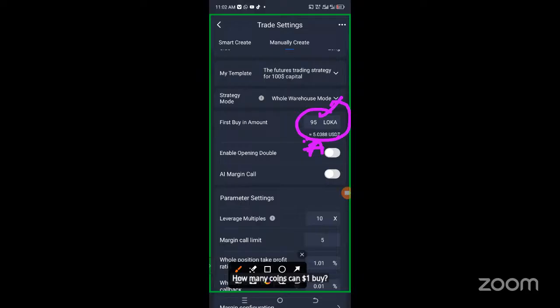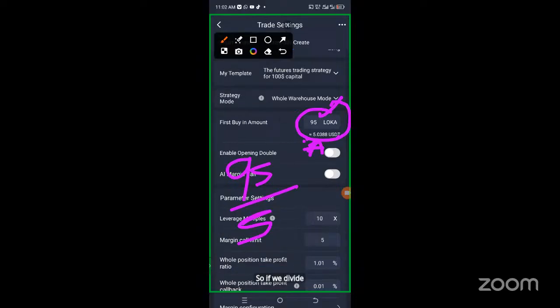We are going to get 95 divided by 5. If we divide 95 by 5, we get 19. That means $1 can buy 19 coins.